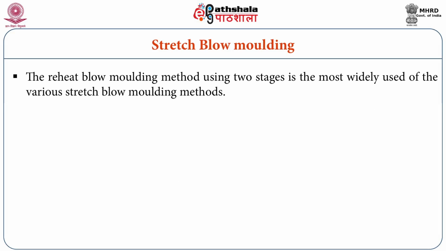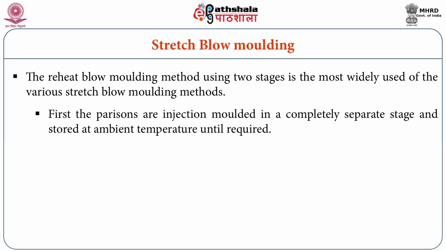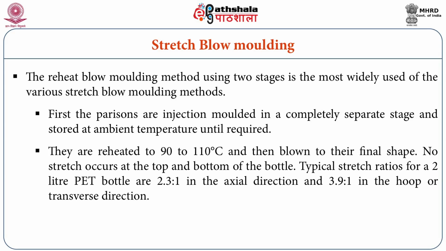The reheat blow molding method using two stages is the most widely used of the various stretch blow molding methods. First, the parisons are injection molded in a completely separate stage and stored at ambient temperature until required. They are reheated to 90 to 110 degrees centigrade and then blown to their final shape.